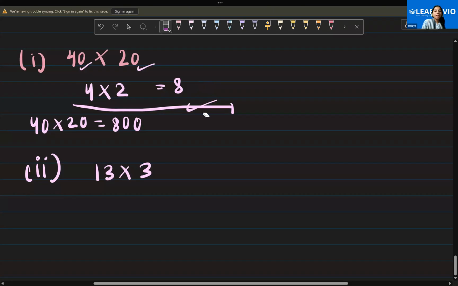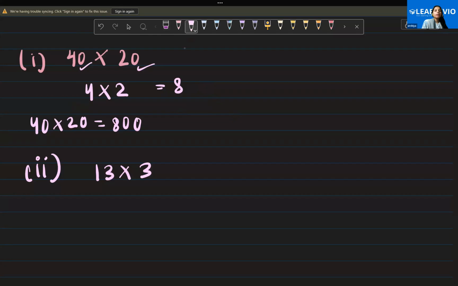So write it down in the next step. 4 times 2 is 8. Now, how do I write it after that? Okay, so 40 times 20 will be 800. We are taking the two zeros back.